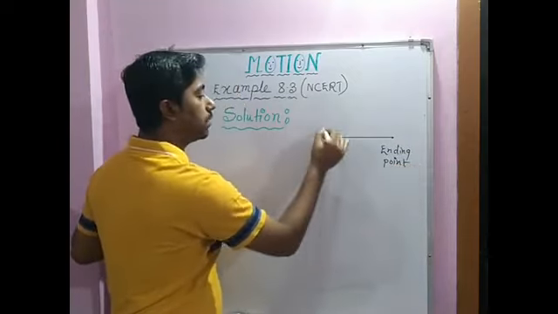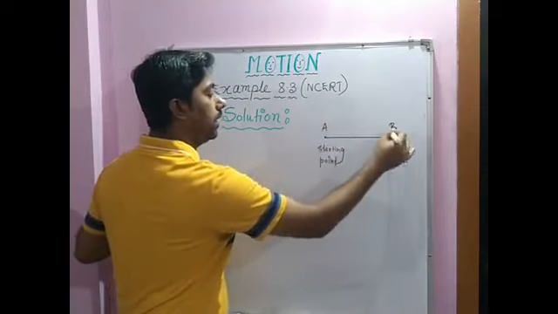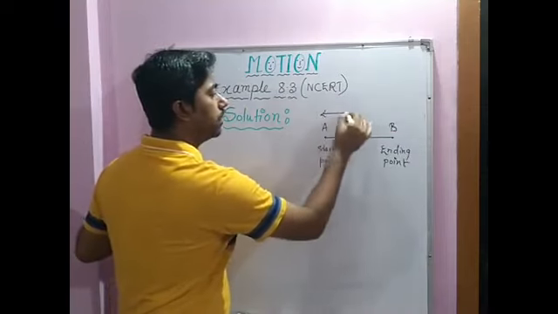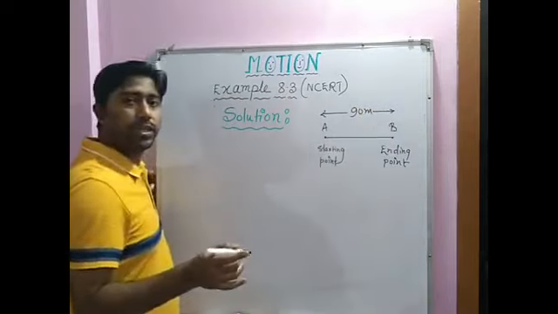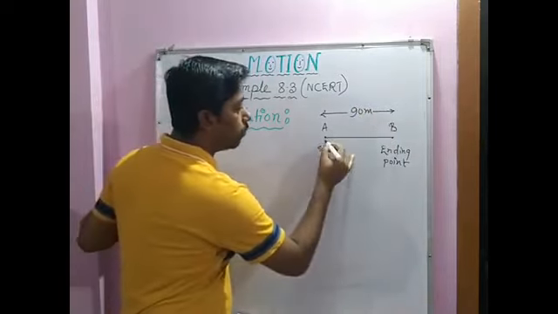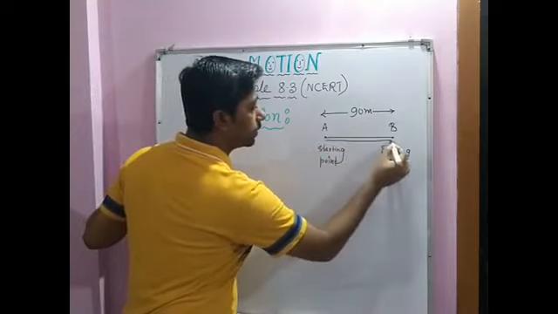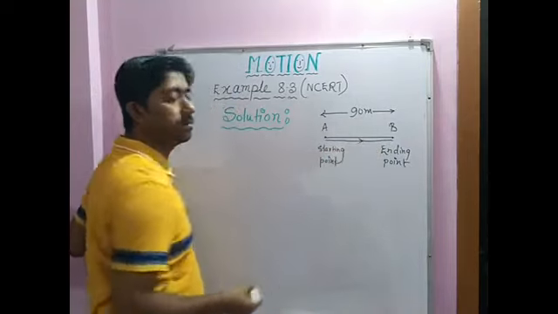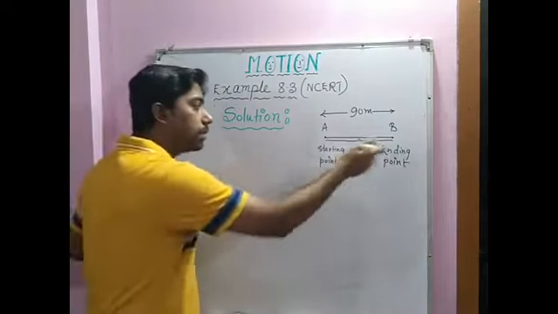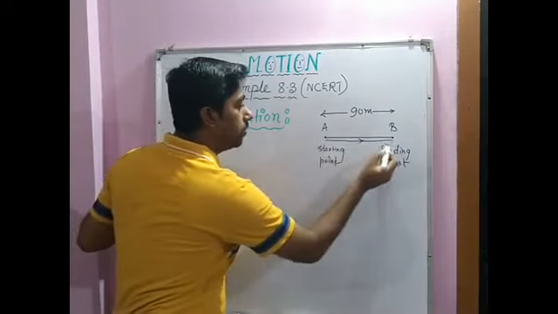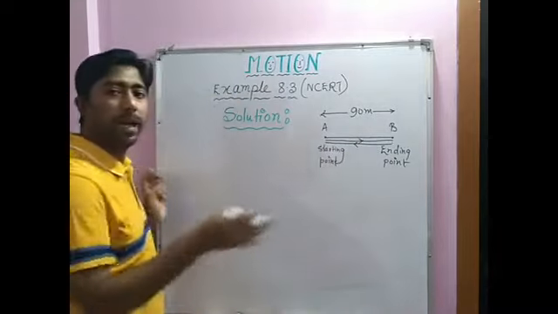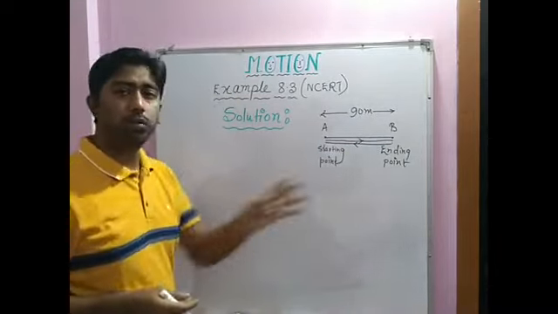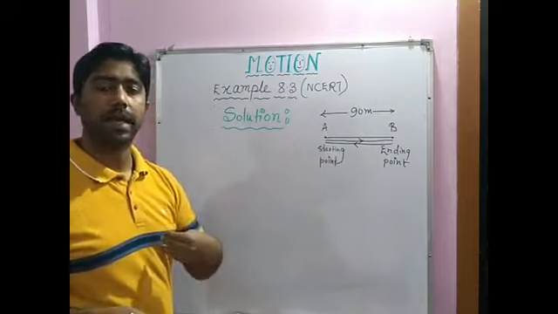Usha starts from here, suppose name it as A, B, and the length of this pool is 90 meters. It is given in the question that she swims from one end to the other like this, and she comes back again from B to A. Okay, back and forth, A to B and from B back to A.